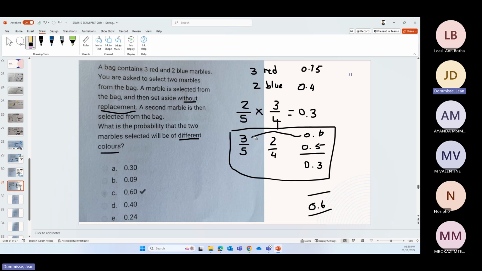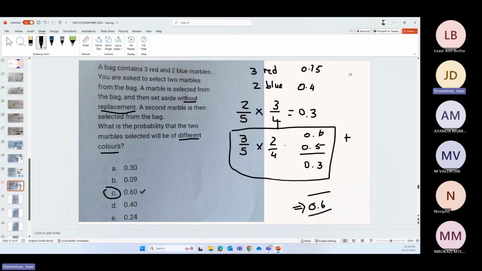The other way around, if red was selected and then blue, that is also 0.3. So 0.3 plus 0.3 gives us the 0.6. I would not have gone to say we need to add.